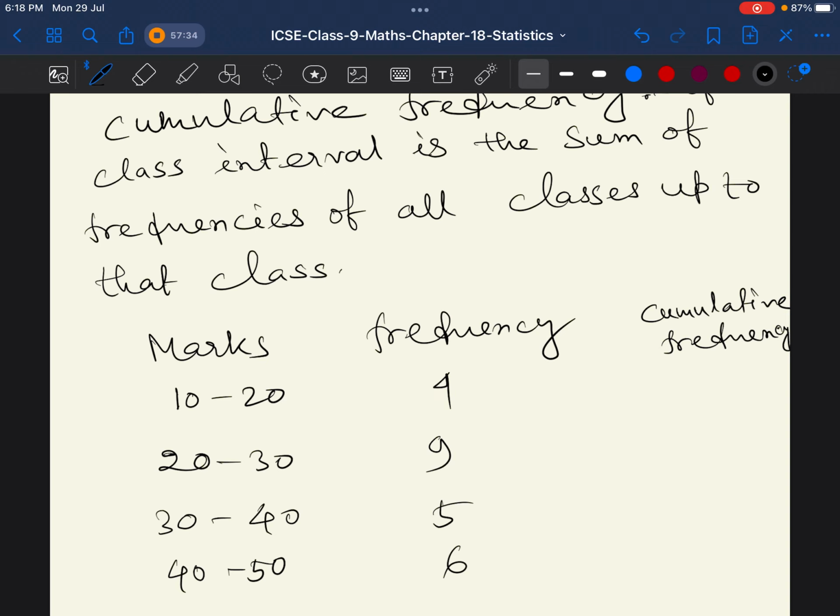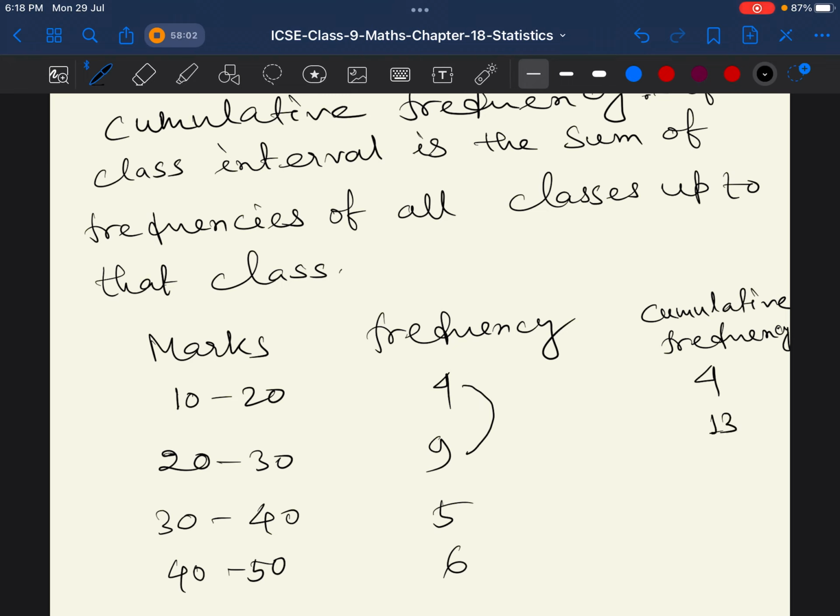So here first we take the first value from the frequency. The first value is 4, so this is 4. Then we add 4 with 9, this will be 13.